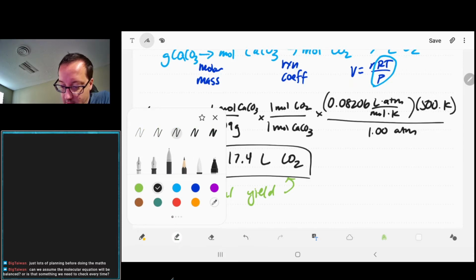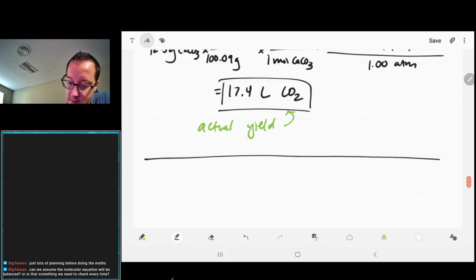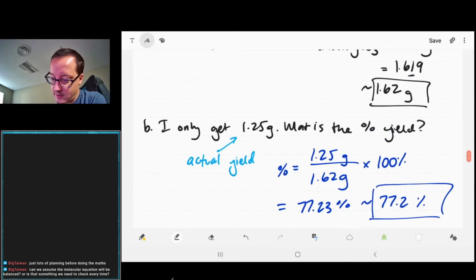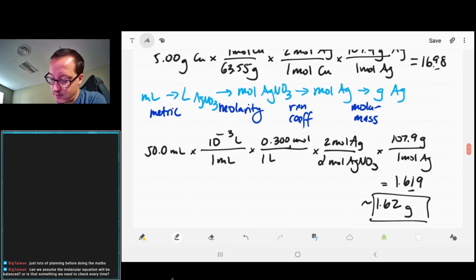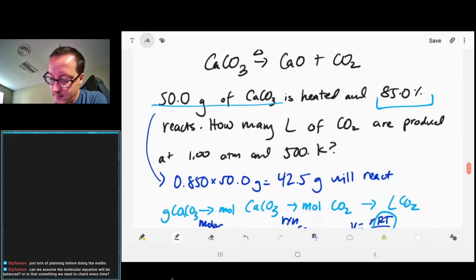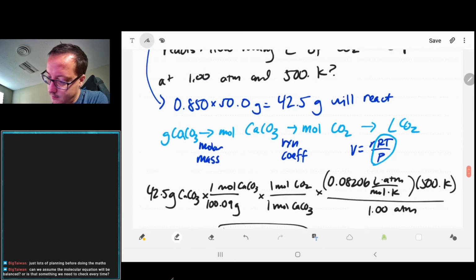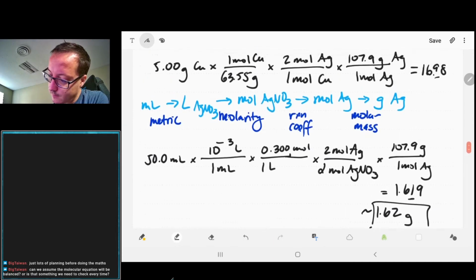By the way, we can use this percent yield stuff to figure out how much extra reactant you have also. If we take a look at this stuff with the silver nitrate, let me just copy the numbers here. So we had 5 grams of copper, gave us 16.98.